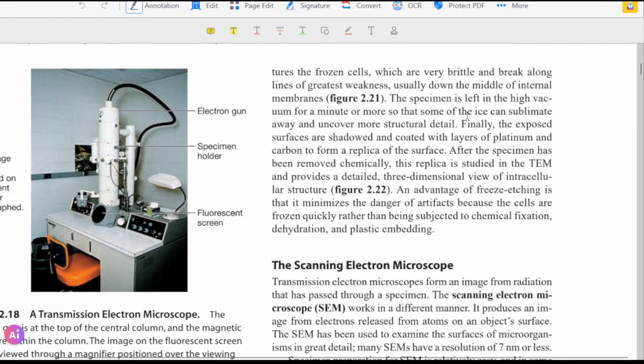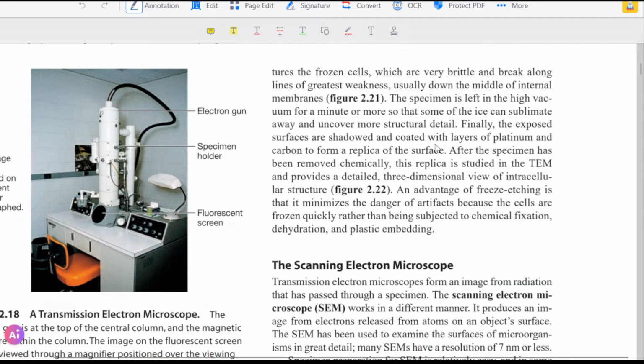So finally, the exposed surfaces are shadowed and coated with a layer of platinum and carbon to form a replica of the surface. The reason you cover it is that the heavy metal deflects the electrons at different angles more than the atoms themselves.